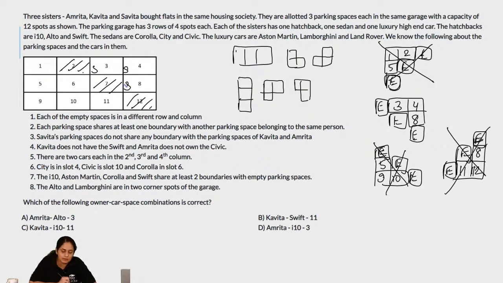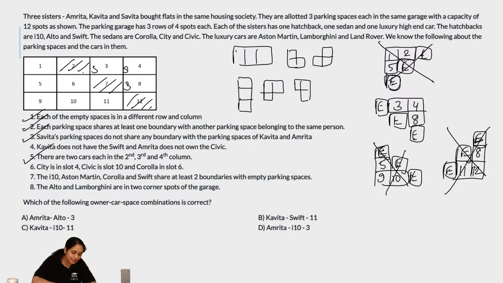These are the only possibilities given the facts that empty slots are not in the same row or same column, Savita's parking spots do not share boundaries, and there are 2 cars each in the second, third and fourth columns. If we use these values, this has to be the configuration, where 2, 7, 12 are empty, and 3, 4, 8 are Savita's spots.